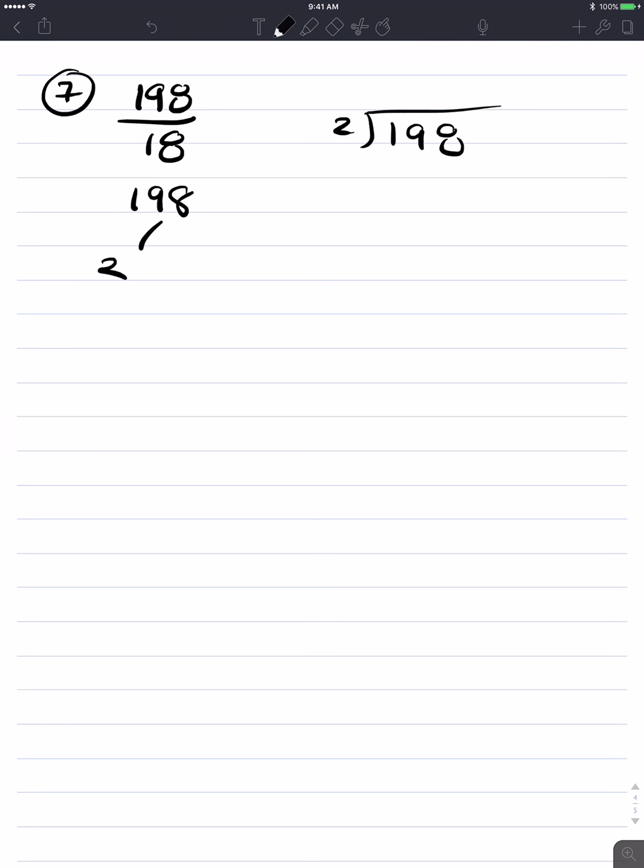2 goes into 198 9 times. 9 times 2 is 18. Subtract, you have 1. Bring down the 8. 2 goes into 18 9 times. 9 times 2 is 18. We get a 0 remainder.